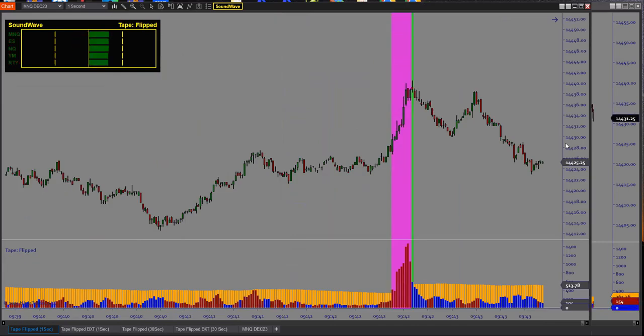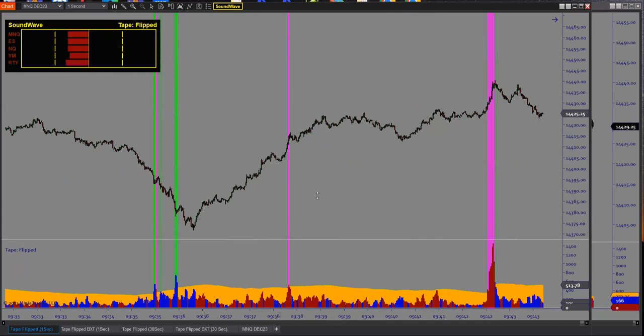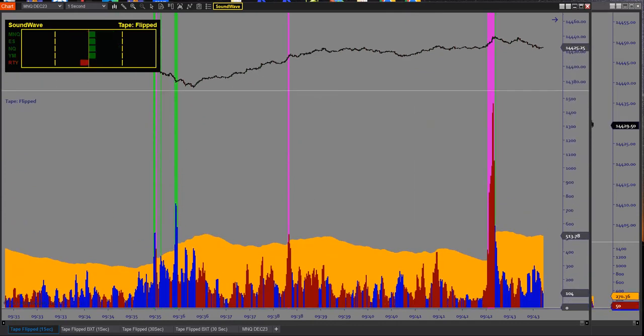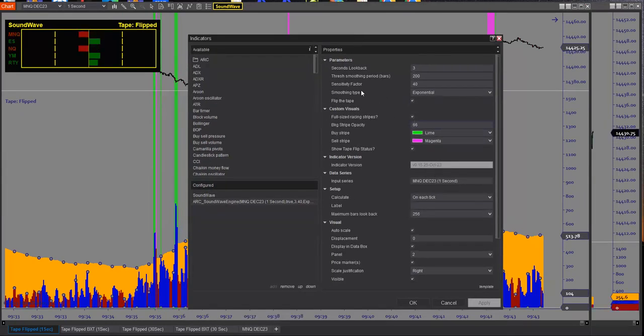I'm just going to use the reversals for a second. As I zoom in here, this is a 200 period average of the tape, if I'm not mistaken, times a multiplier. If I double click on this, it says threshold moving bars, period in bars, 200 bars.